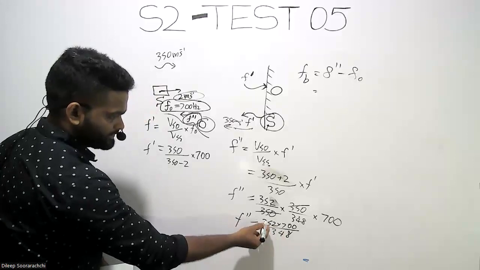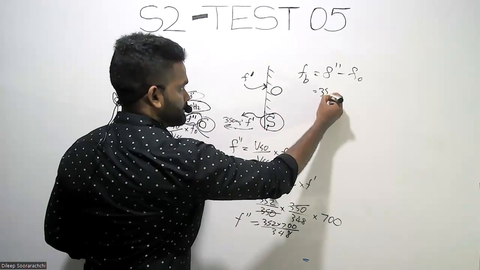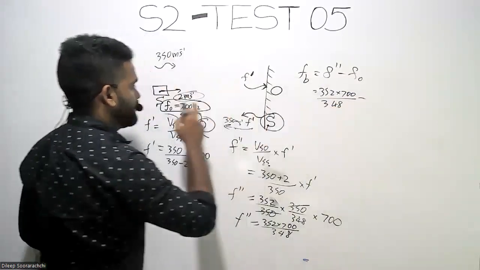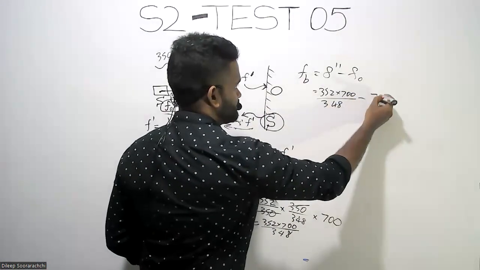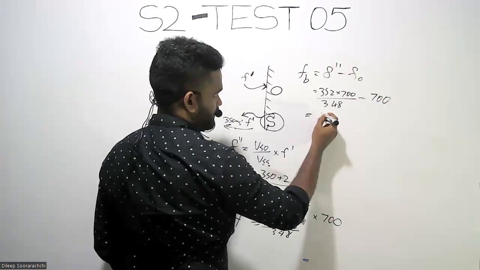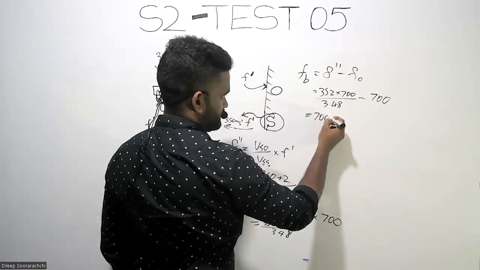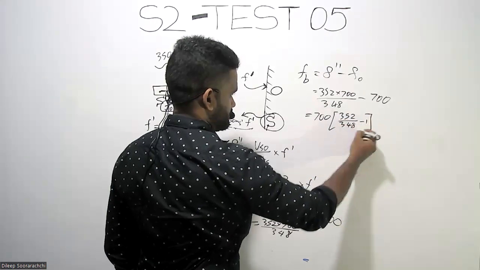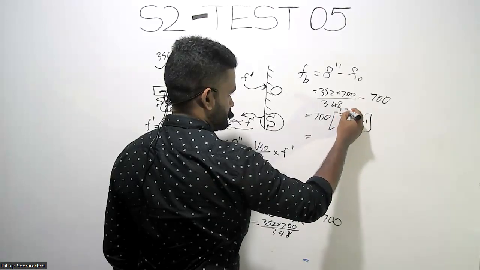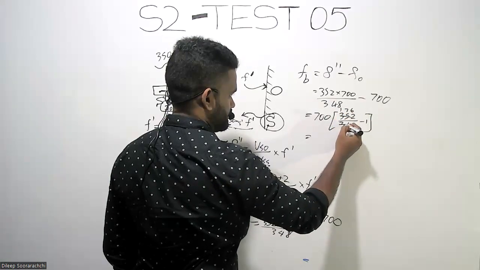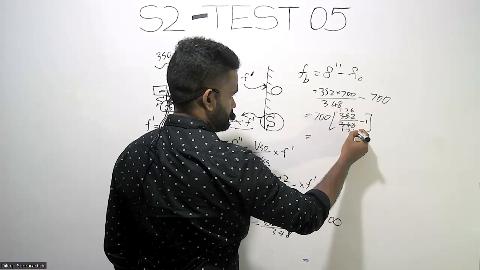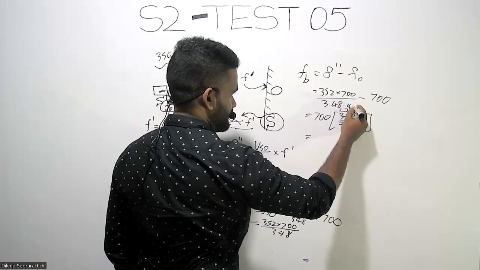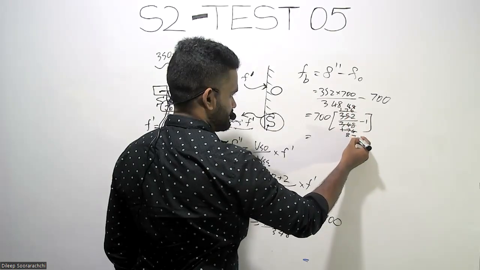So f double dash, this is the value, 352 times 700 divided by 348 minus f naught, which is 700. I'll take 700 out. 352 over 348 minus 1 is 4 over 348, again divided by 4, 1 over 87.